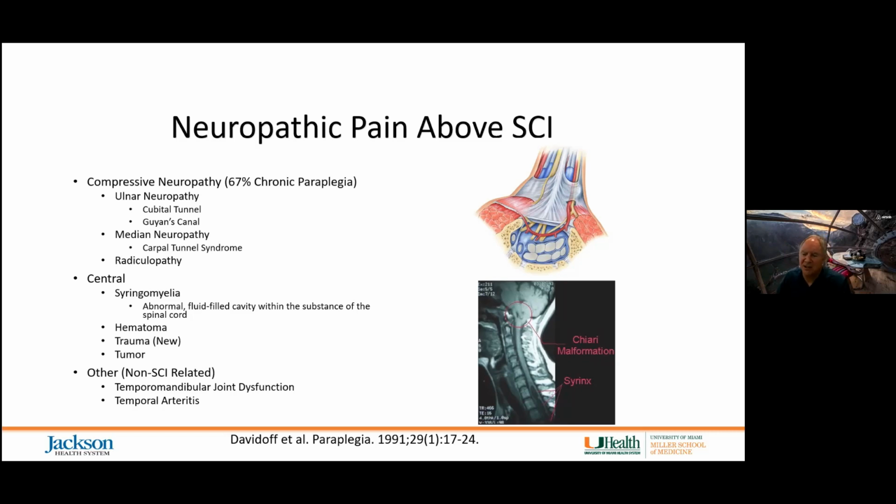And so that's going to be upwards of 6,000 pushes per day. So you can see how that can translate relatively quickly to upper extremity overuse and neuropathies, mononeuropathies, both ulnar as well as median neuropathies.